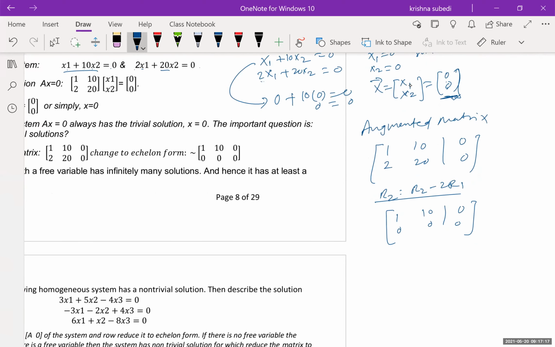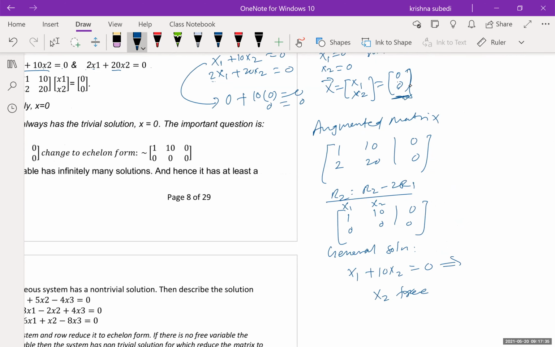If you write the general solution, this is your x1, this is your x2. So the general solution will be x1 plus 10x2 equals 0 and x2 free. x2 is a free variable, so we must express the general solution in terms of the free variable. The basic variable is x1, so that's going to be negative 10x2.